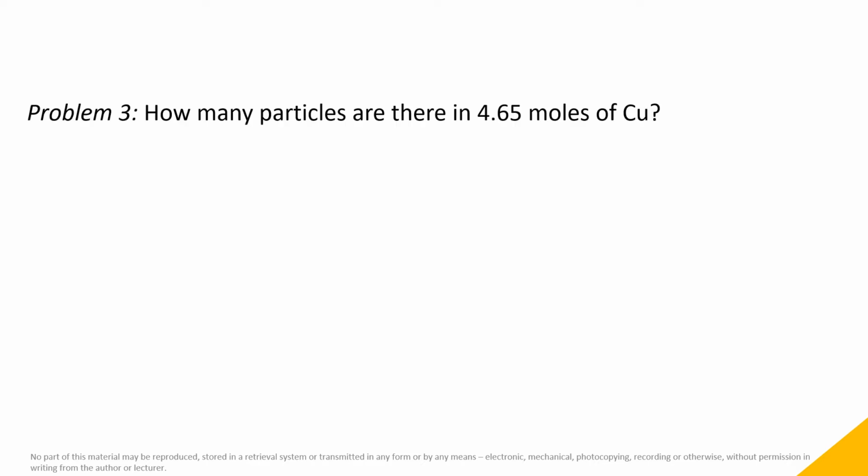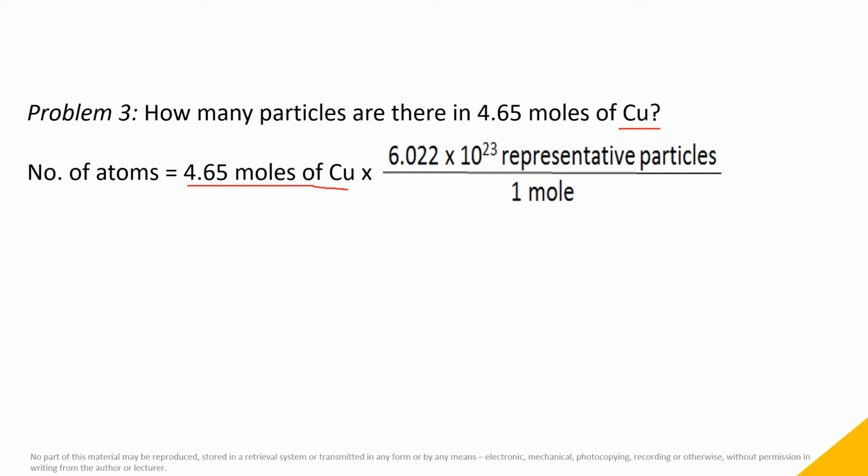How many particles are there in 4.65 moles of copper? Since we're dealing with copper, representative particles are atoms. So the formula would be number of atoms equal to 4.65 moles of copper multiplied by Avogadro's number over 1 mole.